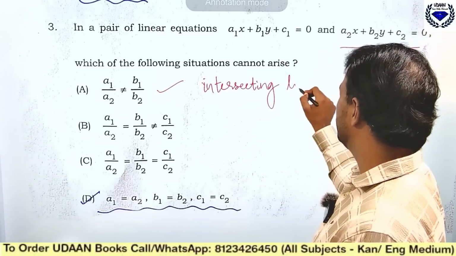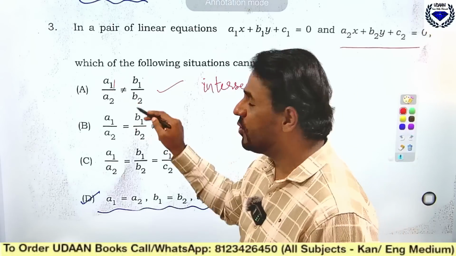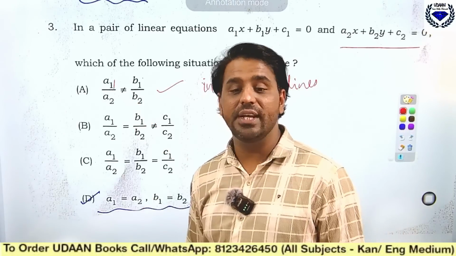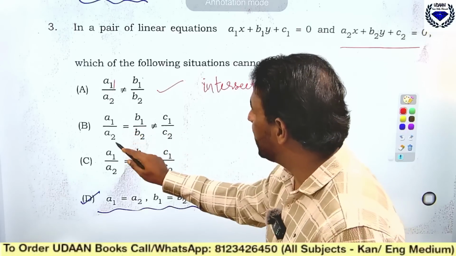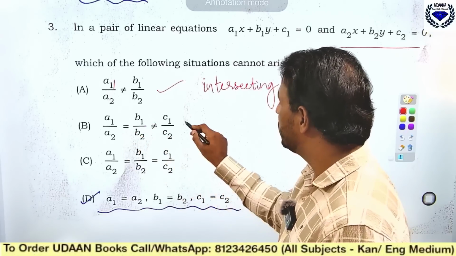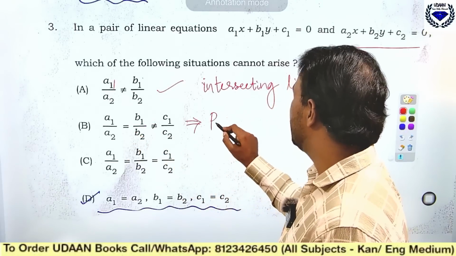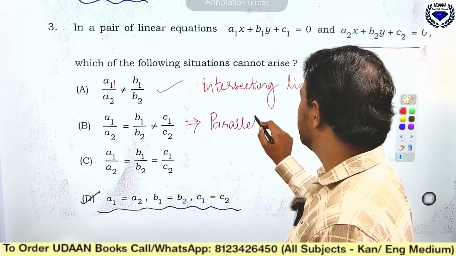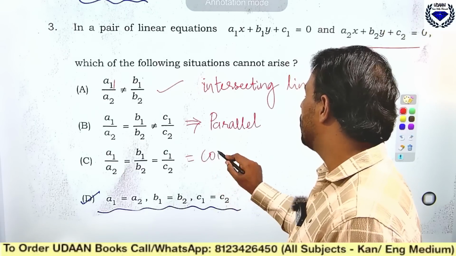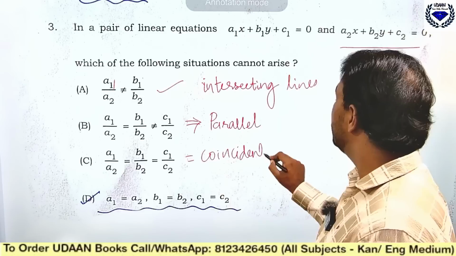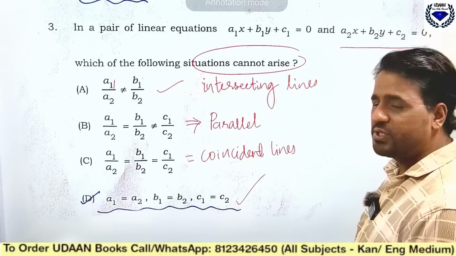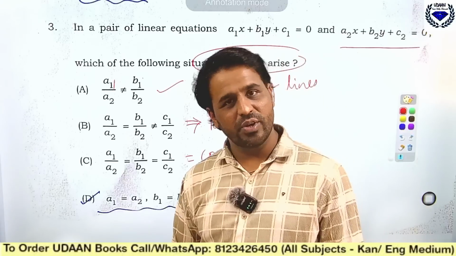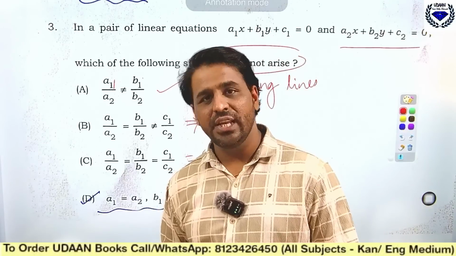As you already know, a1 by a2 not equal to b1 by b2 indicates intersecting lines. Similarly, a1 by a2 equal to b1 by b2 not equal to c1 by c2 indicates parallel lines. Here it is coincident lines. But the question asked is which of the following situations cannot arise? Option D will not arise that way.